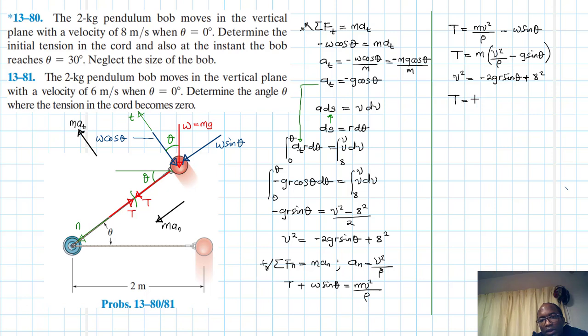Therefore our T is just going to be equal to m. We replace that there, it just becomes minus this like so, sine theta plus 8 squared, divided by rho, and our rho is just equal to 2, and then we do have this component which is minus g sine theta.